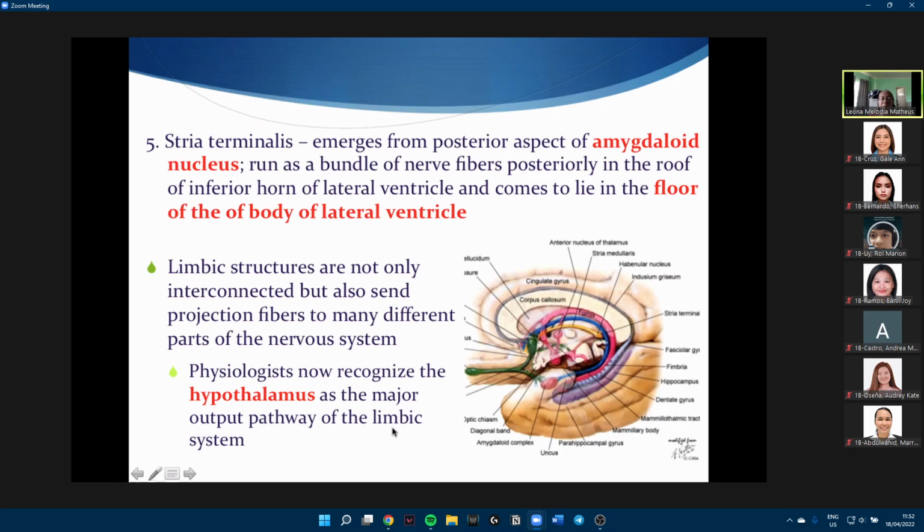So ang output pala ng limbic natin is via your hypothalamus. Remember, the hypothalamus is mainly related to your behavior, di ba? Yung mga satiety, mga temperature, and so forth, di ba? So this is also, as noted here, the major output pathway of the limbic system.